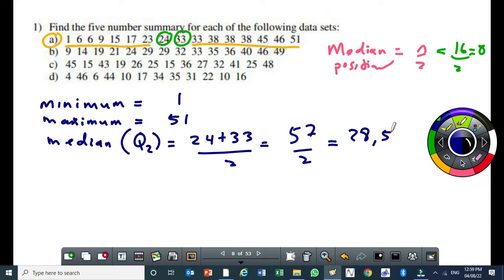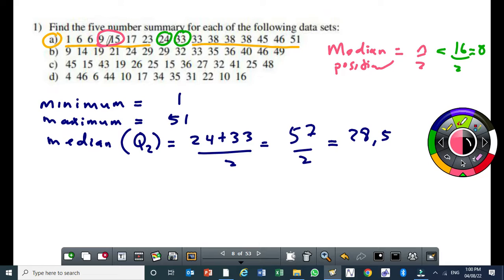So how many values are part of the first half of the data set? It's 8. So if you have got 8 values, it means our data set is even, so we identify 2 middle values. Those 2 middle values are going to be 9 and 15.